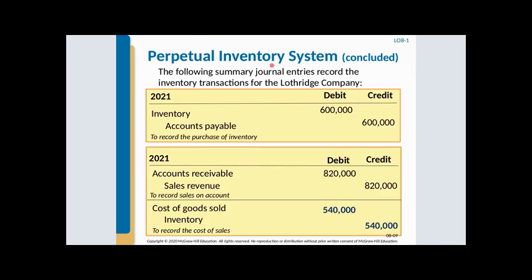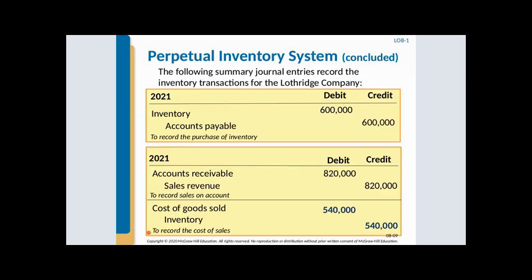So we have the journal entries, and I think there's another slide where it shows each of the inventory systems side by side so that you can see the differences in terms of journal entries. But this is the perpetual, so we're going to debit inventory, and we're crediting accounts payable, or it could be cash. And this is for the purchase of inventory.